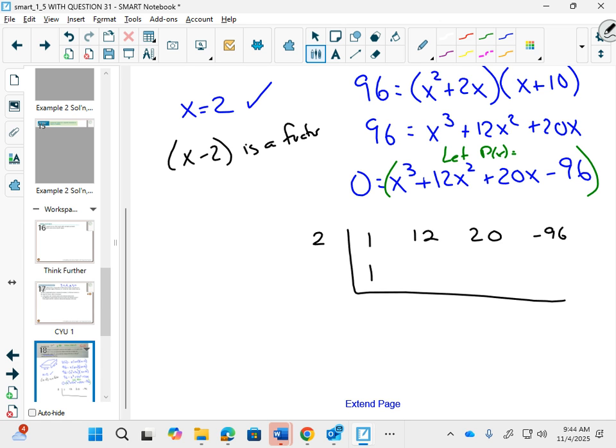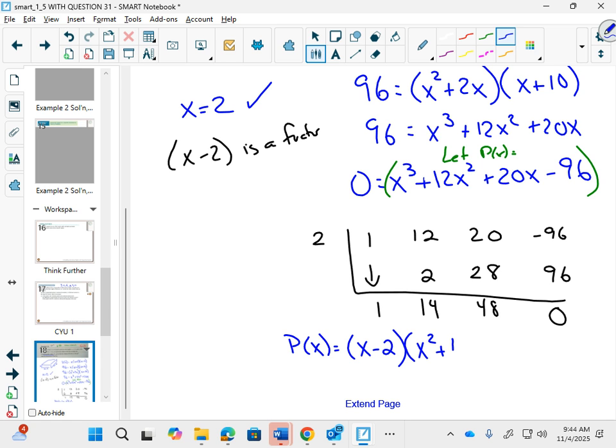I bring my 1 down. Multiply, add, multiply, add, multiply, and sure enough, I get a remainder of 0. So I can write my division statement that p of x is equal to x minus 2 times x squared plus 14x plus 48.